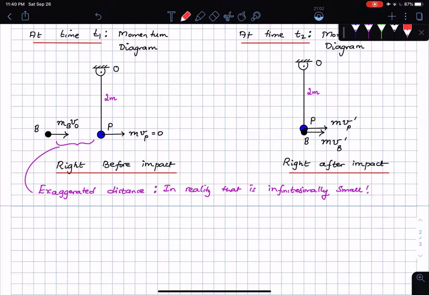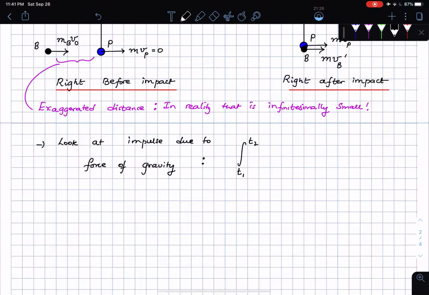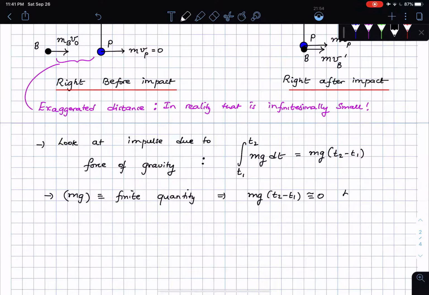Now one thing that we will look at is this. If I look at the force of gravity, the impulse due to the force of gravity, sometime t1 to t2, of mg times dt, this is mg times (t2 minus t1). mg is a finite quantity, which means that mg times (t2 minus t1) is approximately 0, because t2 minus t1 is approximately 0.